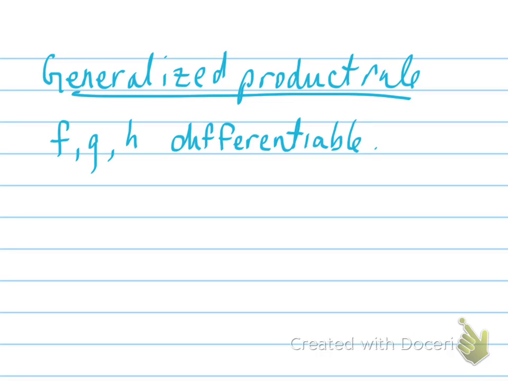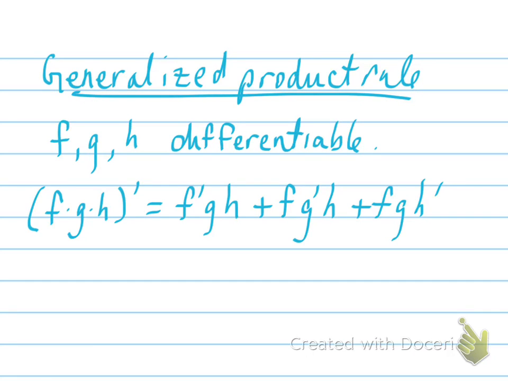So you can think about how you might prove, given the product rule, that the following statement holds. Let's say I have 3 differentiable functions. Then the generalized product rule says that (f times g times h) prime is f prime times g times h plus f times g prime times h plus f times g times h prime.